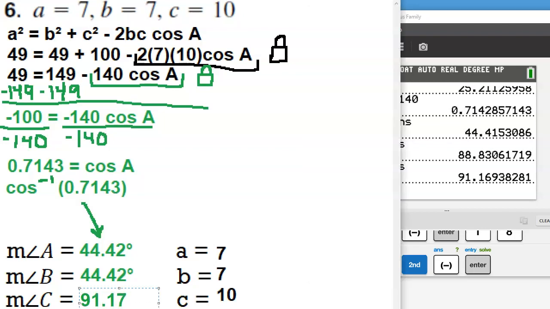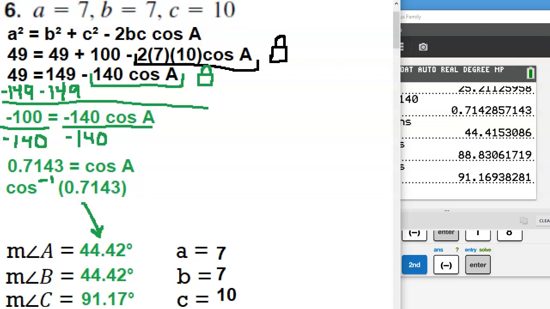Now, if you're wondering, technically these three add up to 180.01. That's totally okay. What happened was, when you round to the nearest hundredth on all three of these, you end up getting these numbers, and rounding does technically create a very, very small error.